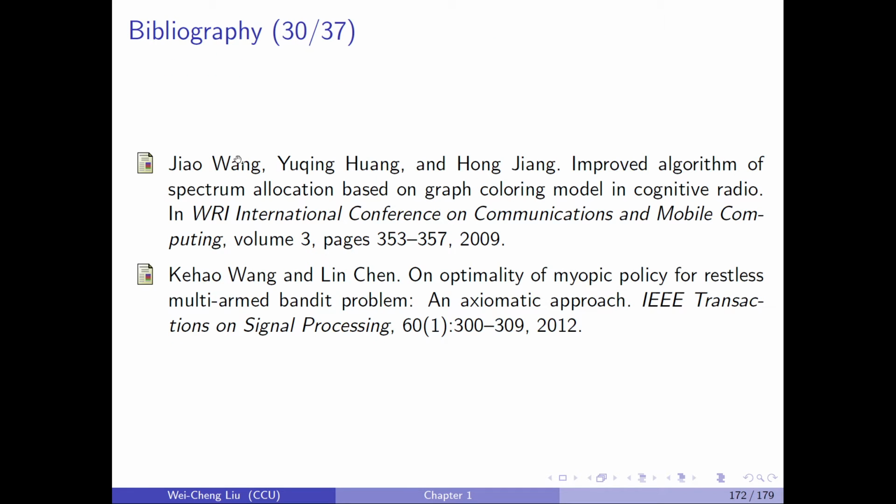Improved Algorithm of Spectrum Allocation Based on Graph Coloring Model in Cognitive Radio, in WRI International Conference on Communications and Mobile Computing in 2009.